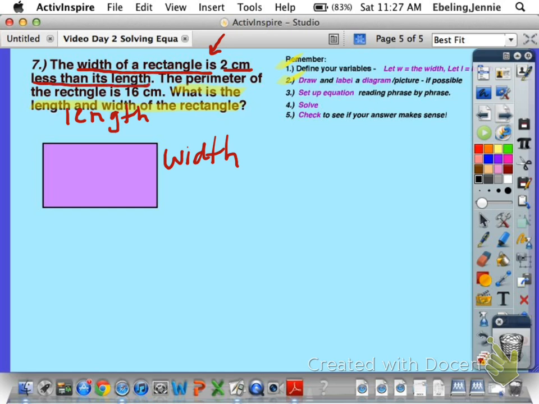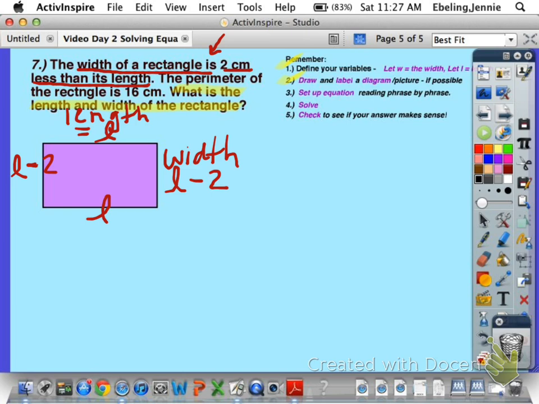Since this sentence ends with length, that's the piece we don't know, so that's the piece I assign the variable to. So my length is going to be L. The width, let me reread it again, is 2 centimeters less than the length. 2 centimeters less than the length is L minus 2. Not 2 minus L, it's L minus 2 because it's 2 less than the length.